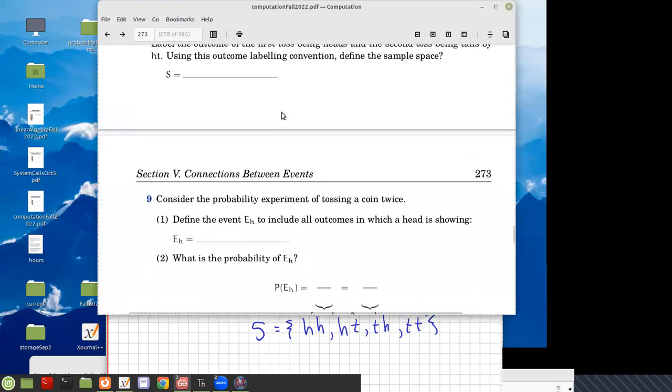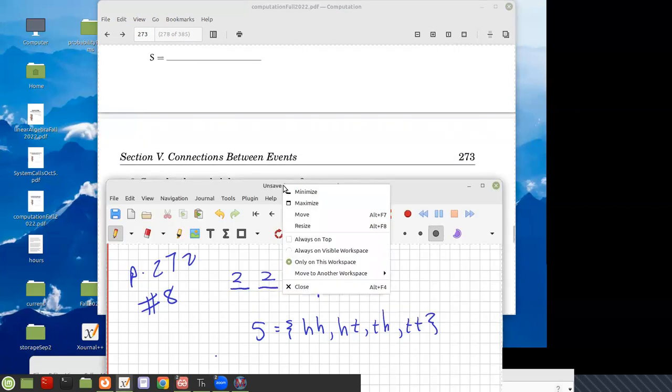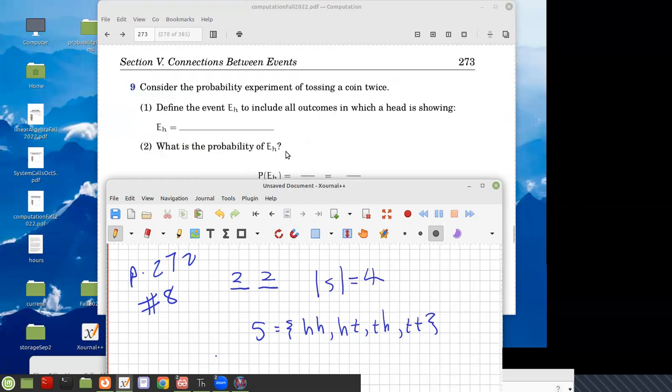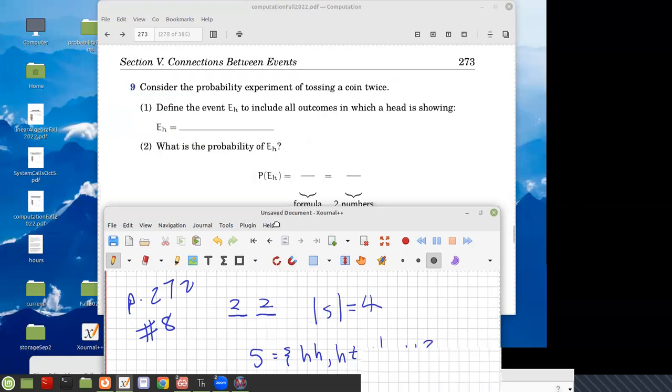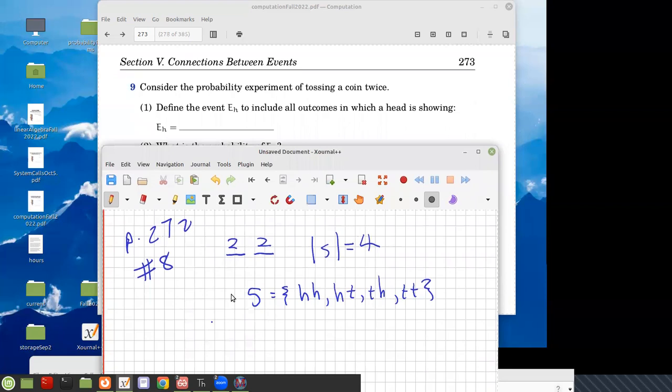Okay, now let's go on to question 9, which is set up on the next page, 273 or 278 in the PDF.